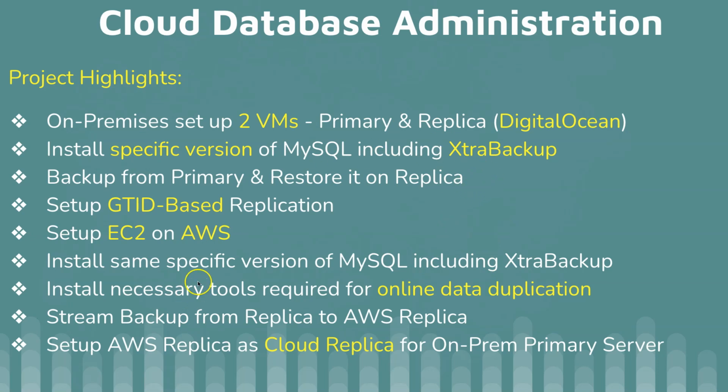It is restoring on the AWS replica. Once this backup has been restored there, we will prepare this backup so it will be ready to open up a MySQL service. Then we will set up this AWS replica as what we call a cloud replica for our on-prem primary server. So this is the overall picture of our project.